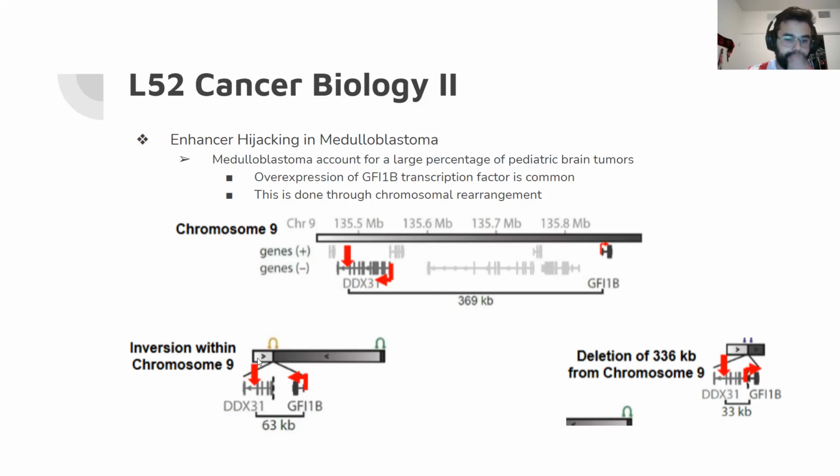We can have an inversion of our chromosome that places DDX31 and GFI1B really close to each other, causing a mutation and a chromosome rearrangement that causes cancer. Or we can have a huge deletion of our chromosome, allowing DDX31 and GFI1B to be close again, causing this rearrangement to become cancerous.